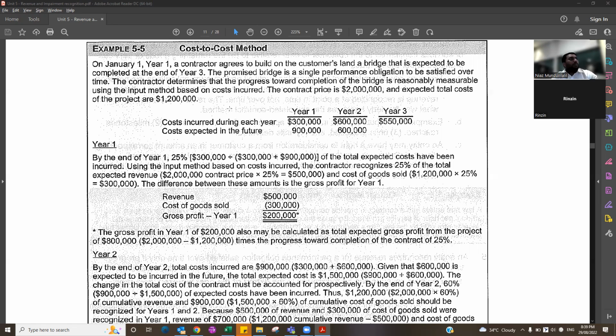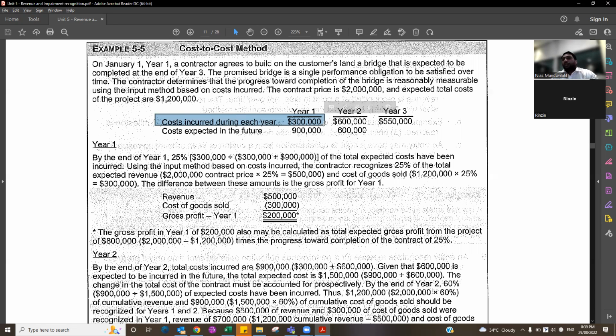Now, what happens in year one? The cost incurred during the first year, he spent 300,000 as expense. And in total, how much should be the expense of this particular project? 1.2 million. So 900,000 he expects in the coming 2 years. Clear? So 300,000 is his out of pocket expense already.